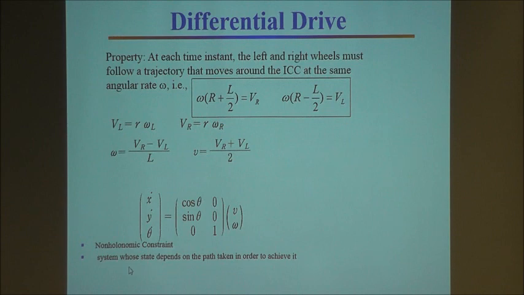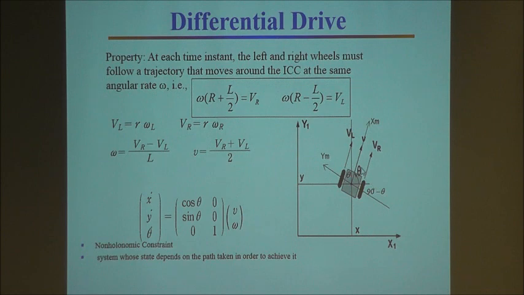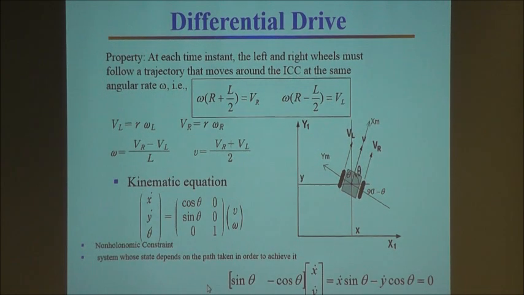And we have a non-holonomic constraint, which means a system whose state depends on the path taken in order to achieve it. So here is the angle theta, and the non-holonomic constraint, meaning x dot sine of theta minus y dot cosine theta is always 0.